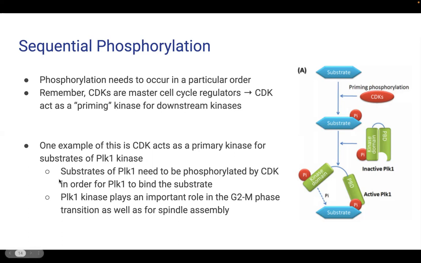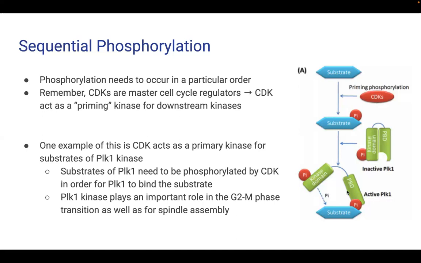So the substrates of PLK1 need to be phosphorylated by CDK, which you could see at the top part of this figure. So then it could bind to the PLK1 kinase here. So then PLK1 can bind to its substrate.